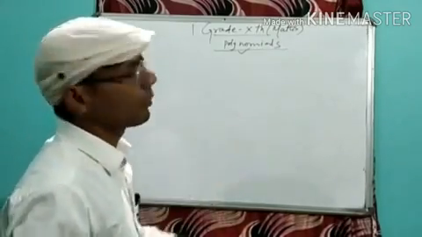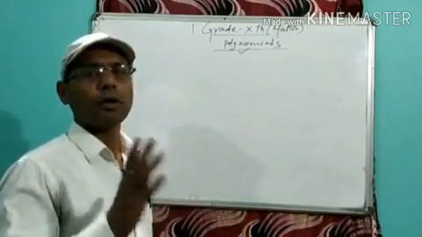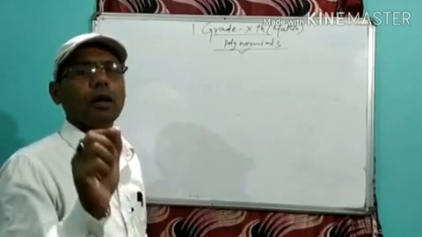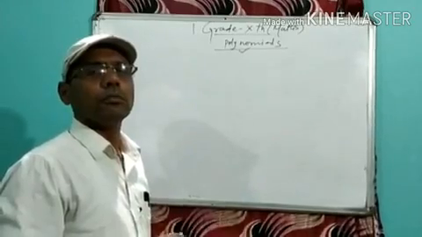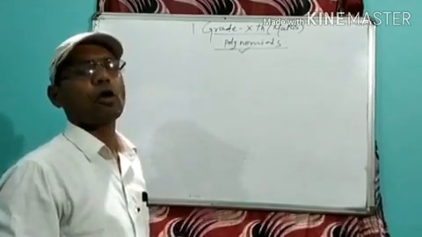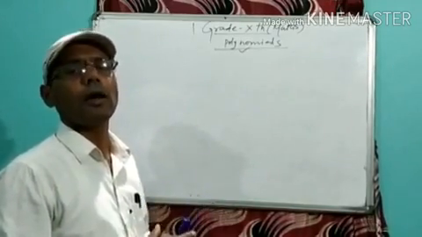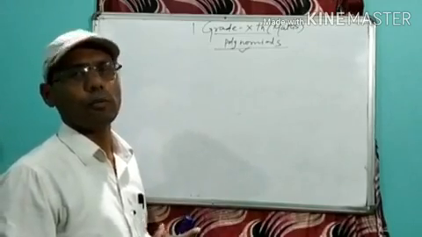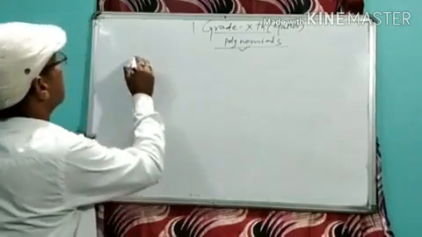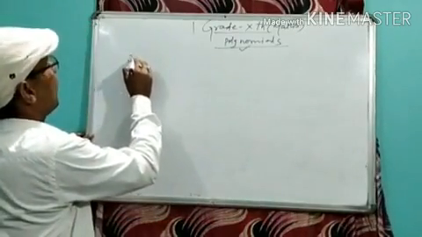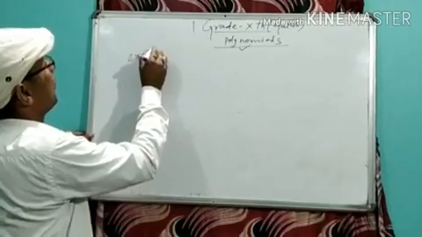Before knowing about polynomial, we have to take a glance at an algebraic expression. An algebraic expression is one in which variables or constants are combined together with mathematical symbols. Suppose I am taking an example of an algebraic expression like 2x plus 5.